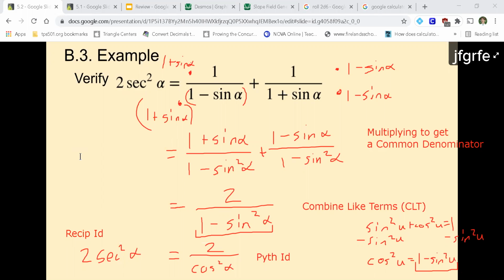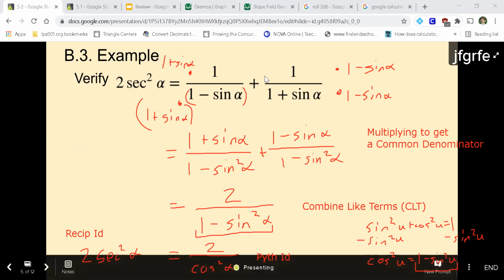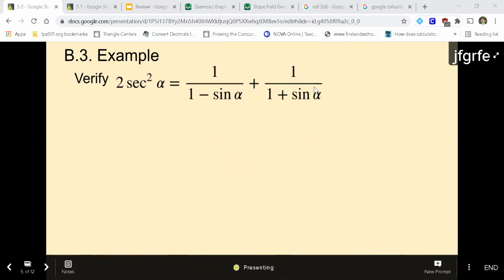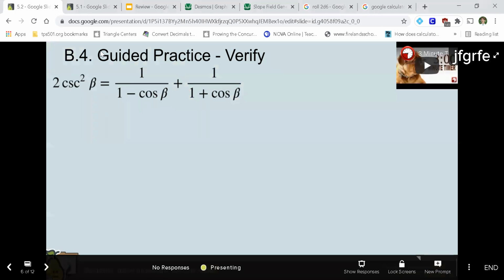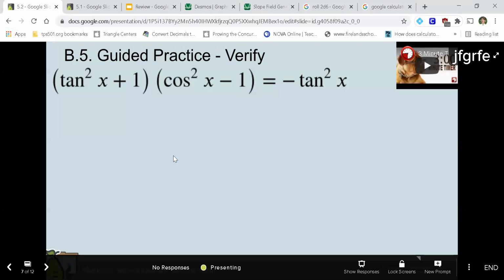Okay, questions about that? Let's have you try one then. And by try one, okay, I'm going to skip this one, I think. This is exactly the same as the one we just did, just cosine and sine are switched. So let's have you try this one.